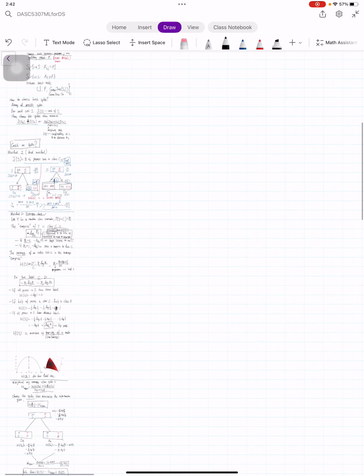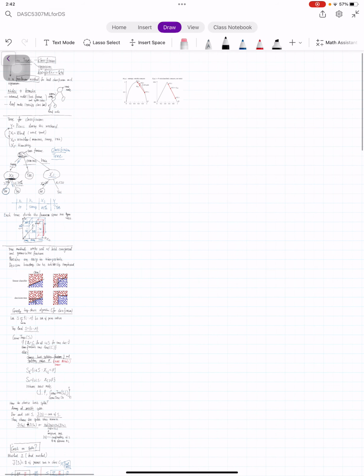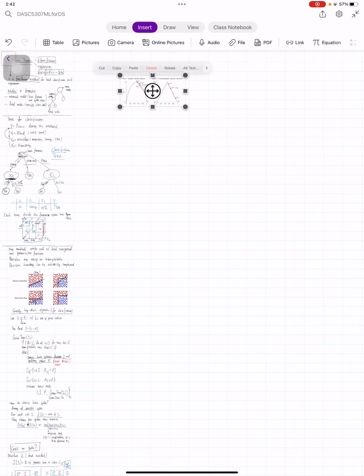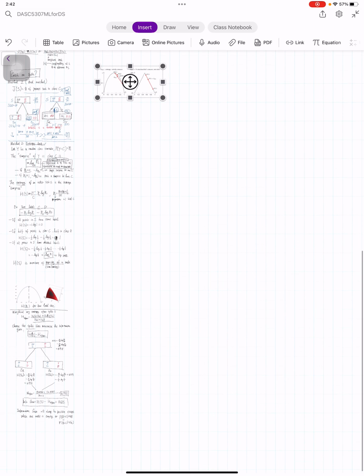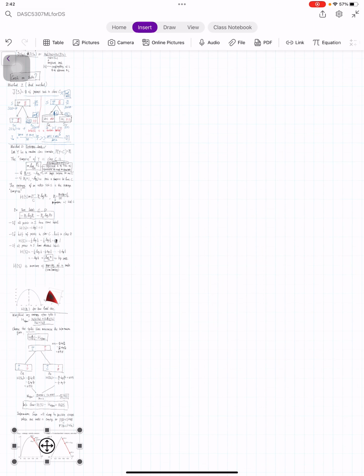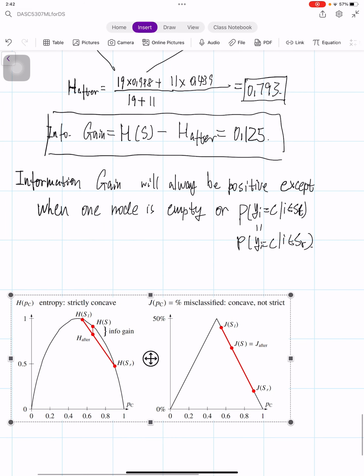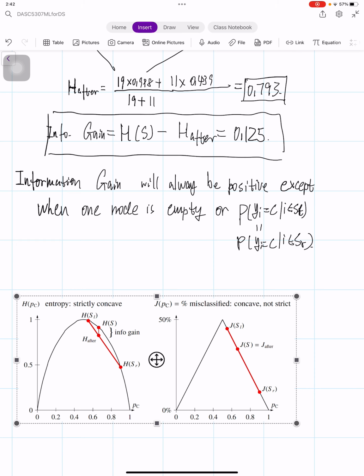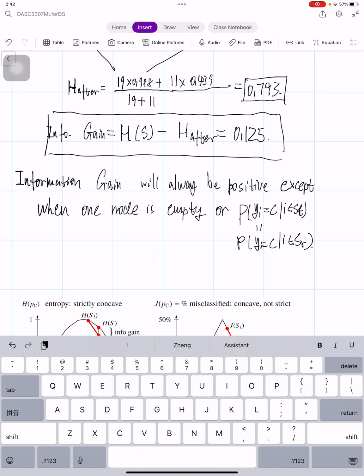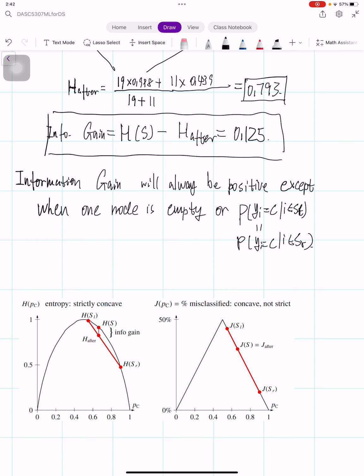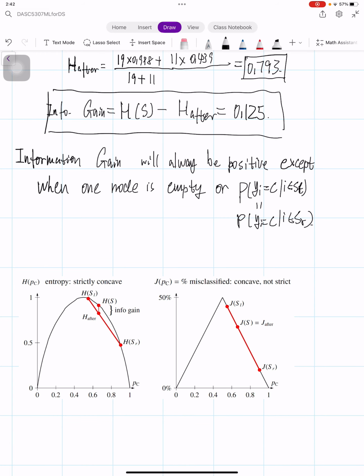Maybe let me show you one more plot here. So this plot shows you the entropy function with respect to P C. As you can see, this entropy function is strictly concave.